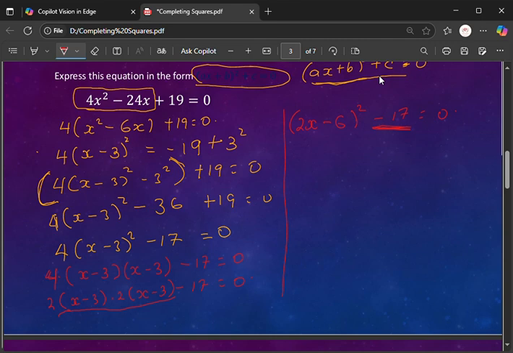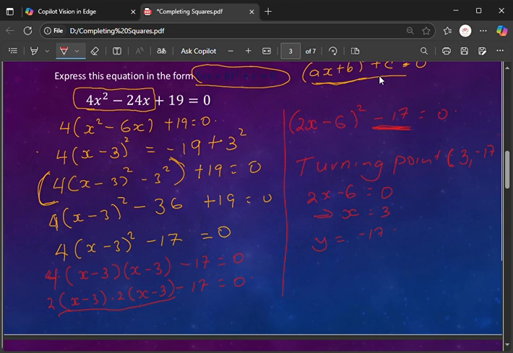Does that make sense? And to get the turning point from this, we take 2x minus 6 equals 0 and solve this to get the x value. Solving this, x will be 3, and y is already negative 17. So the turning point will be (3, negative 17).